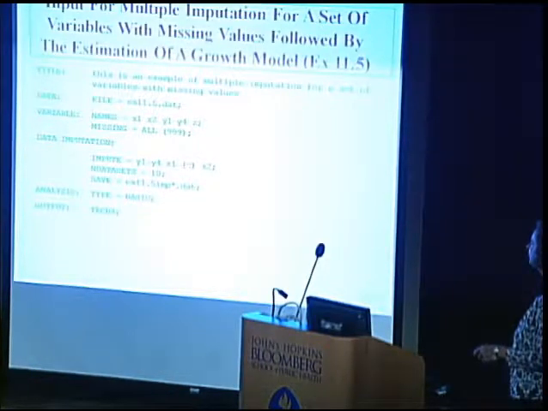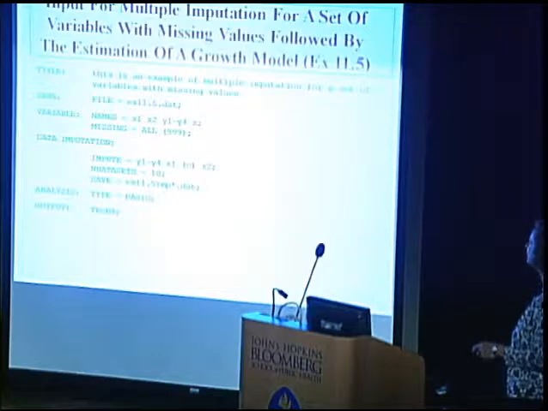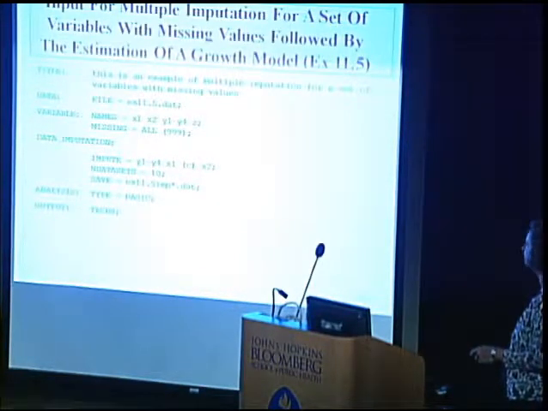You'll notice up in the variable command, we have names equal x1, x2, y1 through y4, and z. Even though we're imputing only according to these variables, we're not imputing for z, we will save z when we do the saving down here in the save option. So z will be saved.